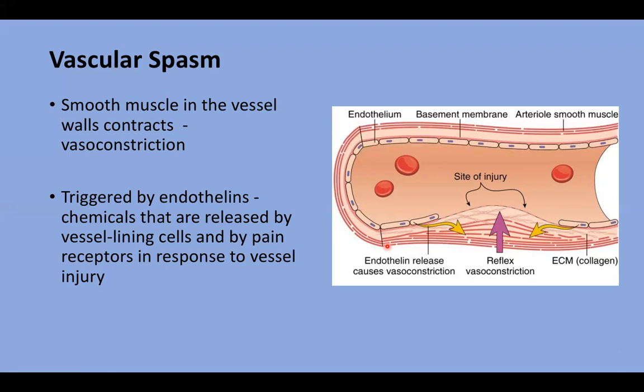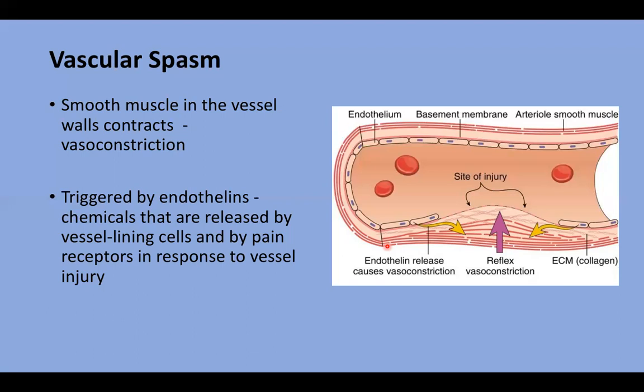Now, the smaller the vessel, the better this vascular spasm is going to work. So for instance, if you cut your finger and you have a small vessel there and it's bleeding, the vascular spasm is probably going to do a pretty good job at slowing the blood rate to your finger. If you were to cut your femoral artery, a very large artery, that vascular spasm is probably not going to be very good.